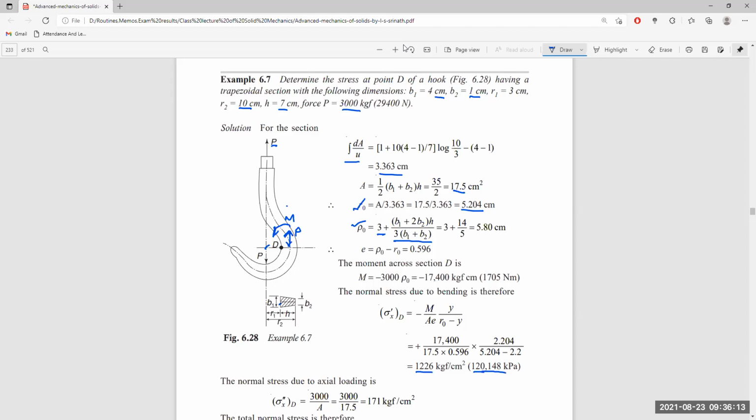The normal stress in the axial loading will be sigma x and D. The normal stress is created by 3000 divided by A, which is acting upwards, given by 3000 divided by 17.5. This is 171 itself.